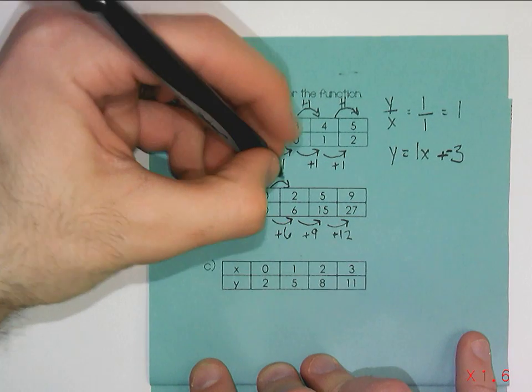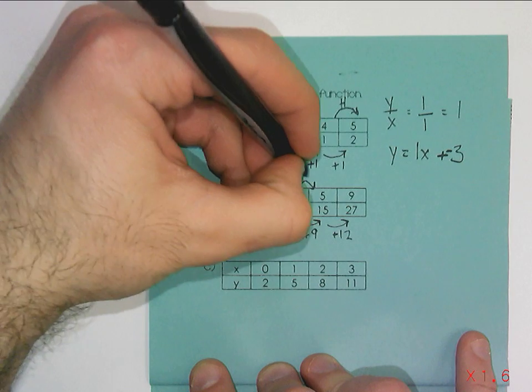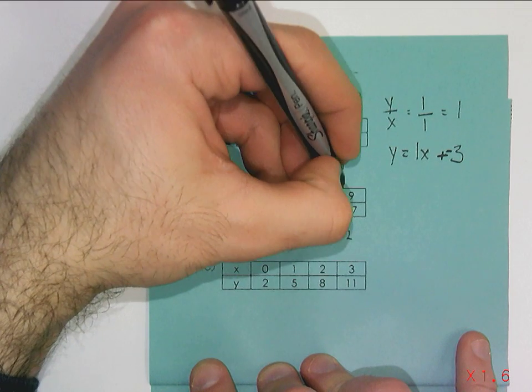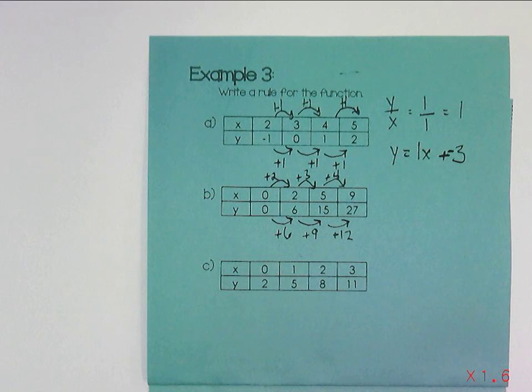These are changing by... so those are actually changing by 1 each time.